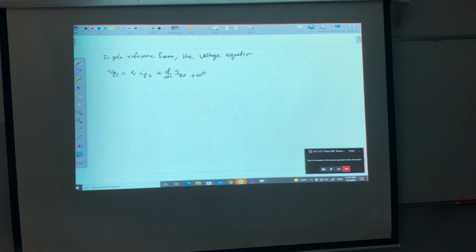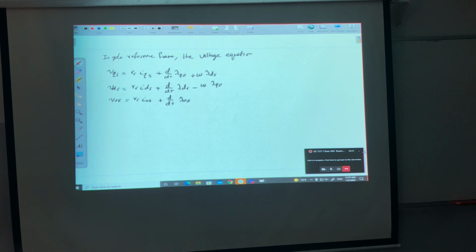What about VDS? RS IDS plus d by dt of lambda DS minus omega lambda QS, and finally V0S will equal RS I0S plus d by dt of lambda 0S.